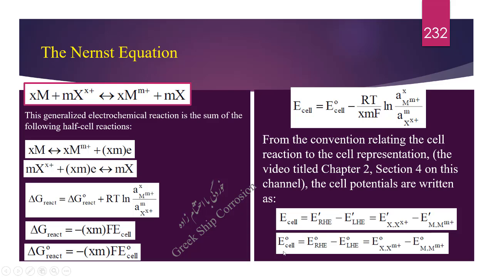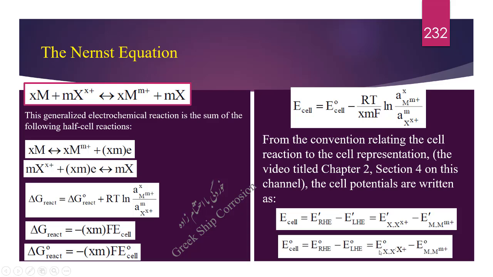And for the standard state, E naught cell equals E naught RHE minus E naught LHE. That is, the standard cell potential equals the standard right hand electrode potential minus the standard left hand electrode potential, equals the standard potential of the half cell X^(x+) minus the standard potential of the half cell M^(n+).